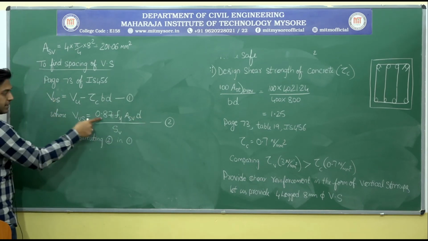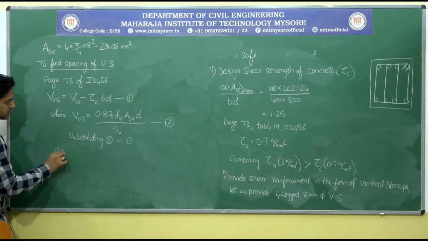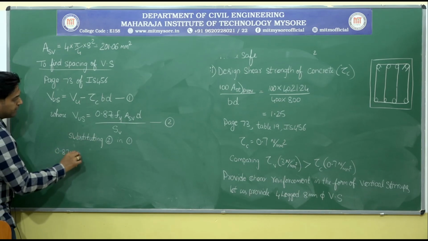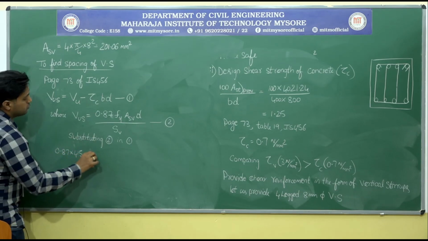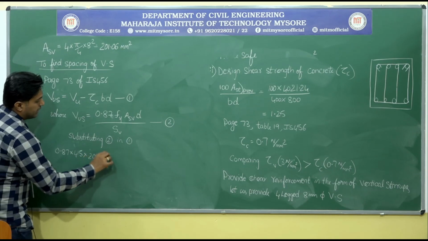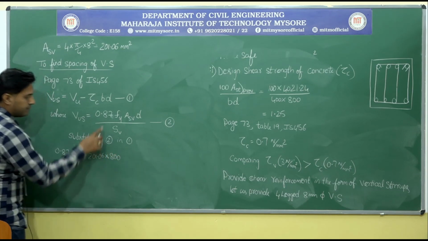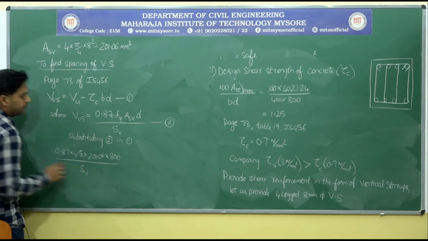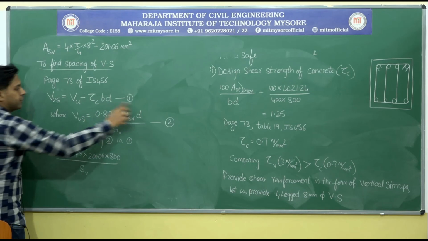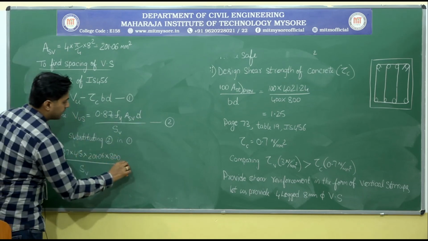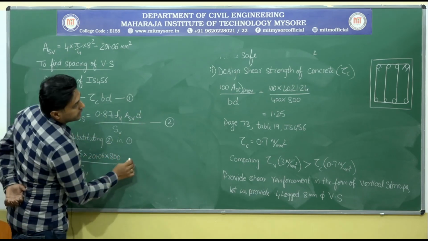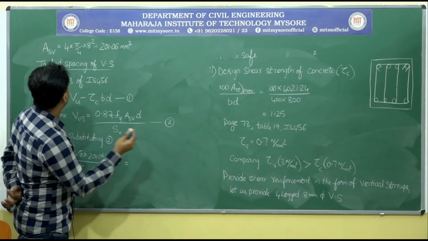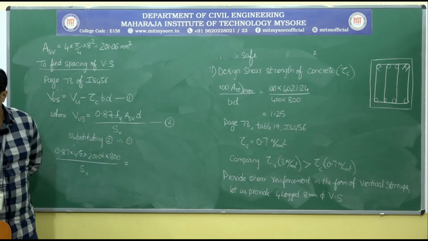So here for VUS, I will be writing 0.87 Fy ASV, which is 201.06, into effective depth, which is 800. Please remember this, I am writing it here. SV only I need to calculate. Okay, instead of VUS I have written all these things. Now the right hand part. So VU, I think the VU value was 985 point something.